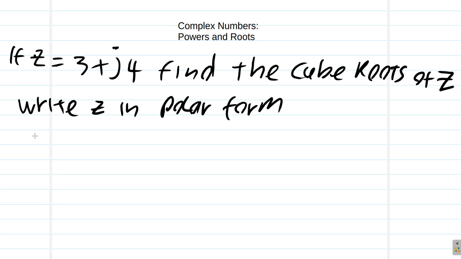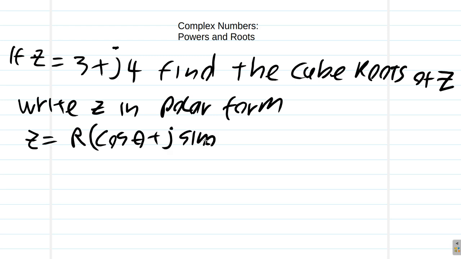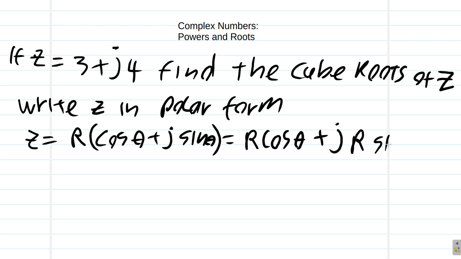The polar form is z equals r, open the bracket, cos theta plus j sine theta. But this is the same thing as r cos theta plus j r sine theta, right? Remember that.